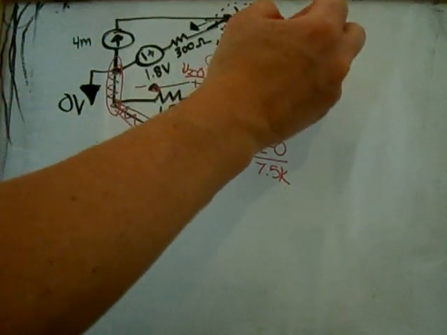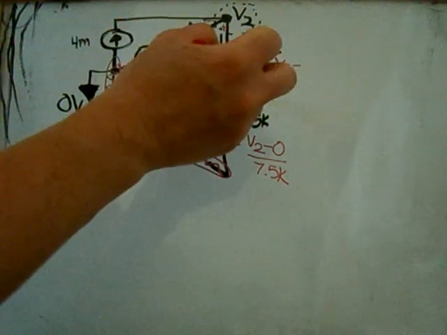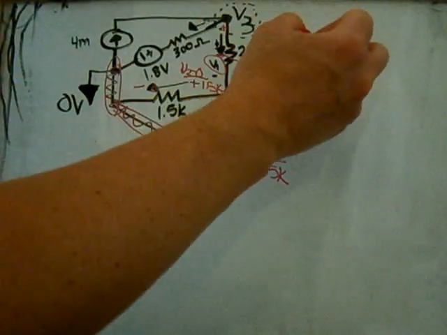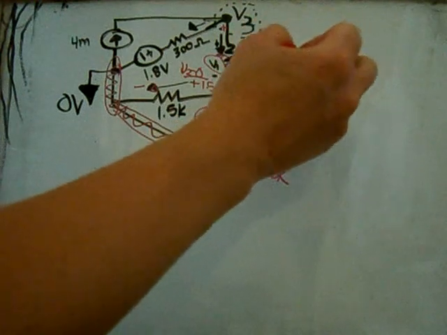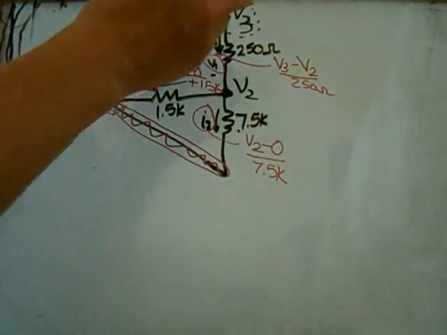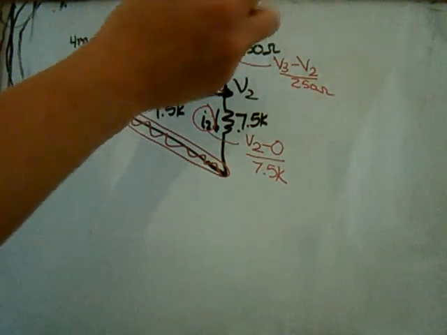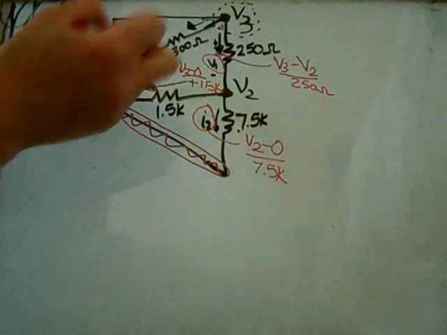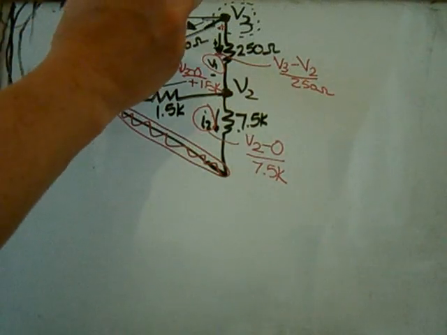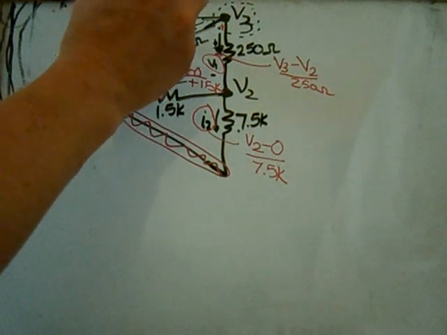So V3 minus, and then this is the drop from V2 to ground, so V2 over 250 ohms. And then the current through this one is going to be V3 minus 1.8 minus 0 over 300.